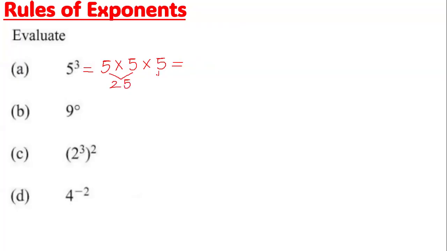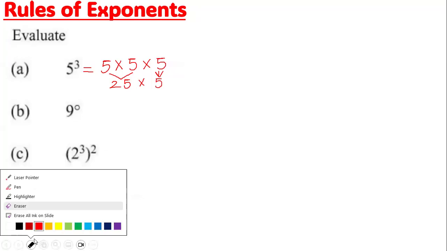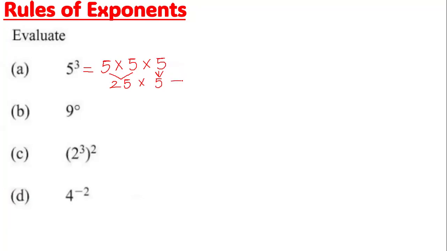And we bring down the 5. And then we do 25 times 5, and we get 125. So it's 5 cubed, 5 times 5 times 5.